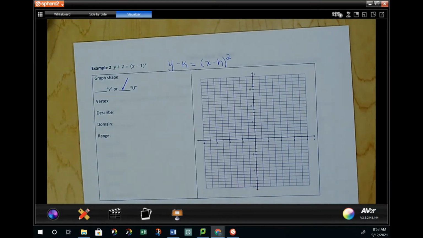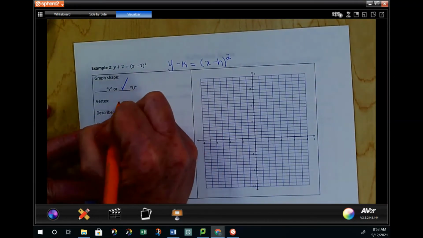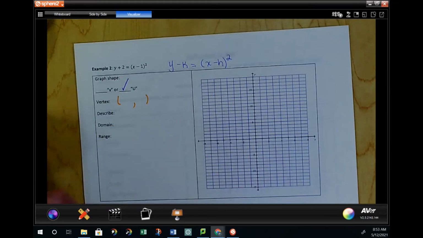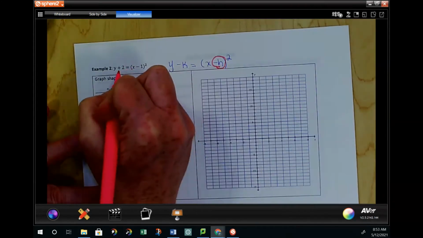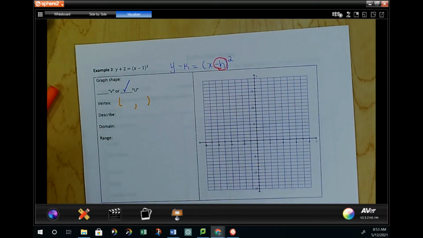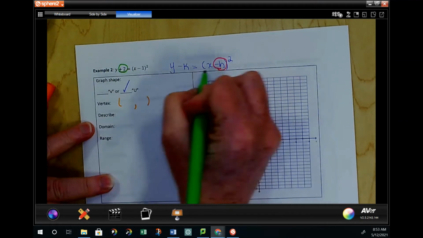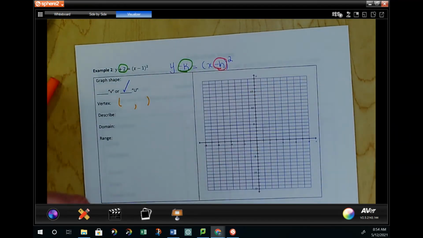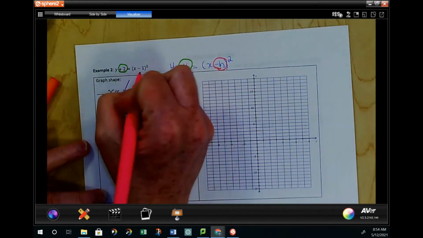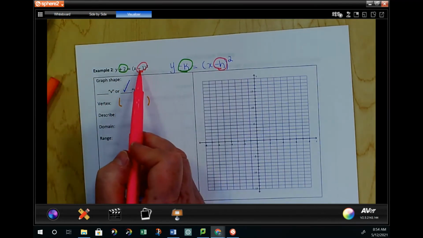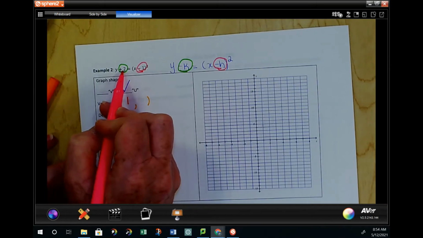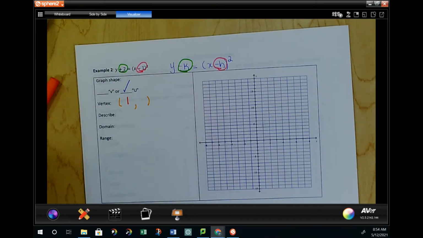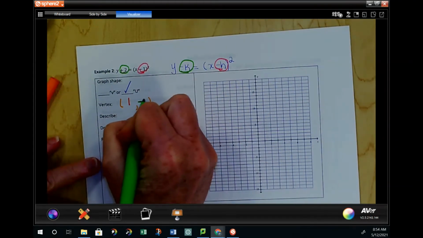In order to get that vertex point, this is your h and this will be your k. So the opposite of negative 1 ends up being positive 1. The opposite of positive 2 ends up being negative 2.